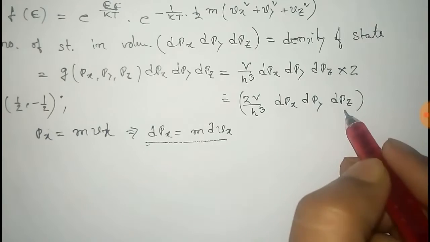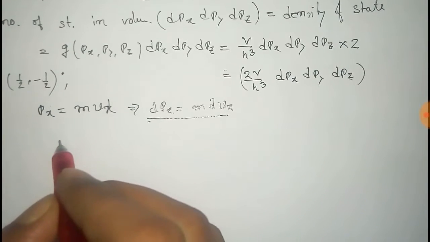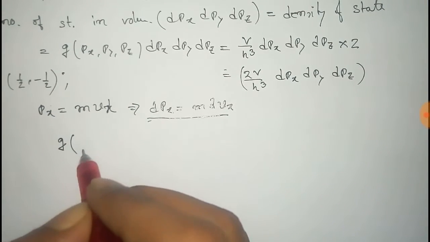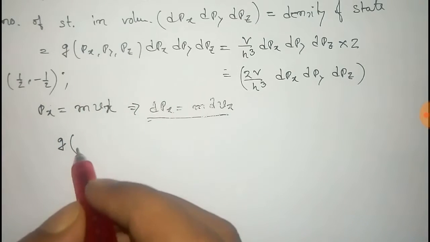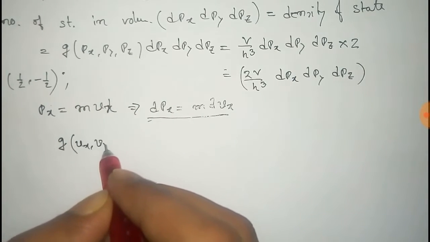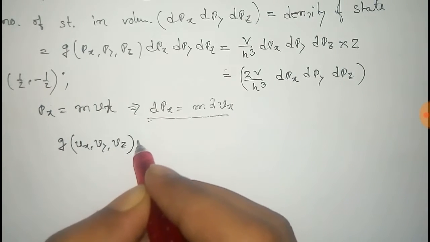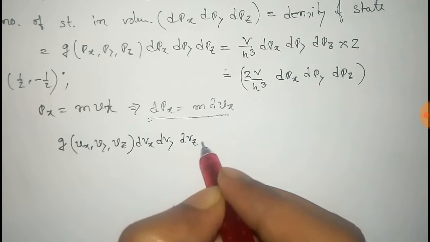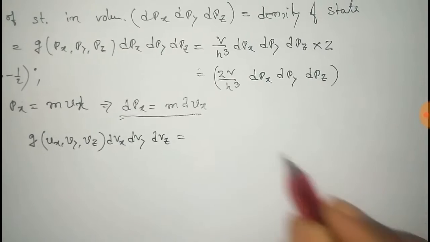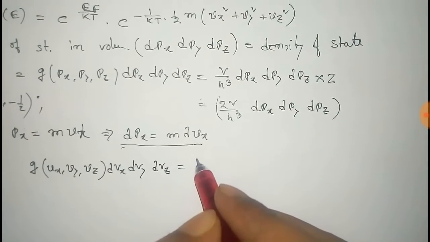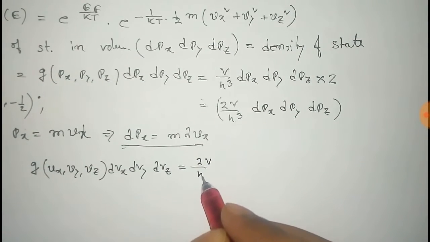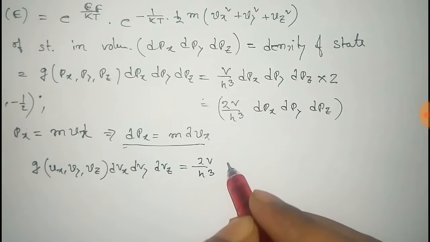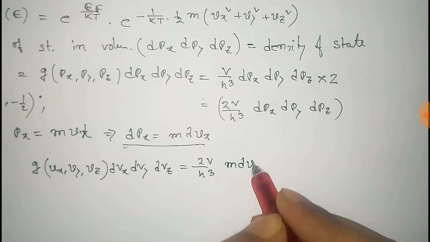Now put this value in this case, then we get the density of states G(px, py, pz) converted to a function of vx, vy and vz into dvx dvy dvz, that's equal to 2V by h cube, where dpx will be replaced by m dvx.